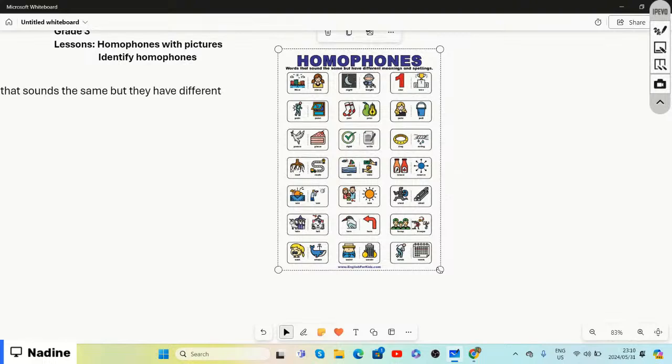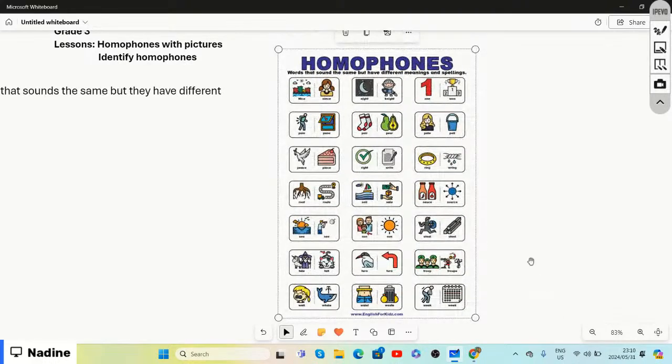If we look at these pictures over here, these are homophones, different pictures as well as the words at the bottom. Once again, homophones are words that sound the same, but they have different meanings as well as spellings.